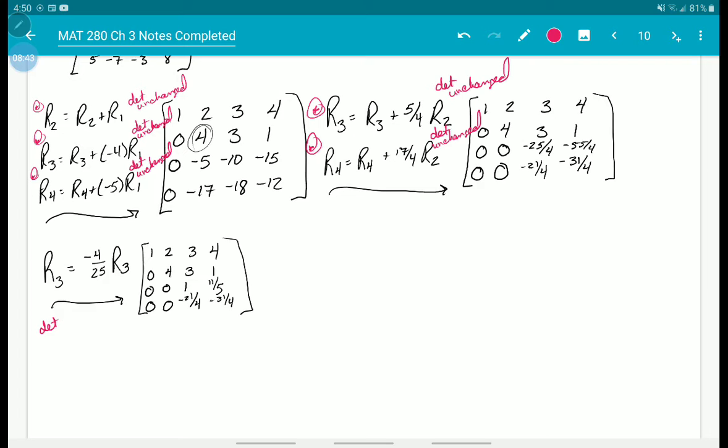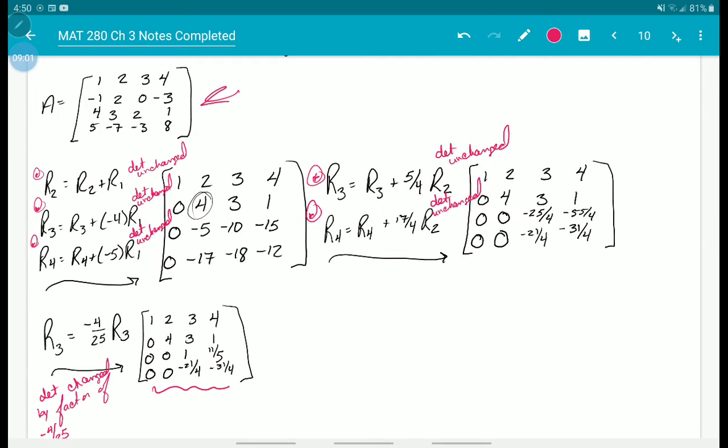The determinant is now changed by a factor of negative 4 over 25. So this guy has a different determinant than that original by a factor of negative 4 over 25, which means that when we find the determinant of this guy, we're going to have to undo what we just did there.